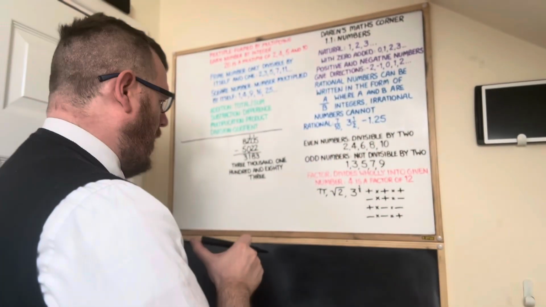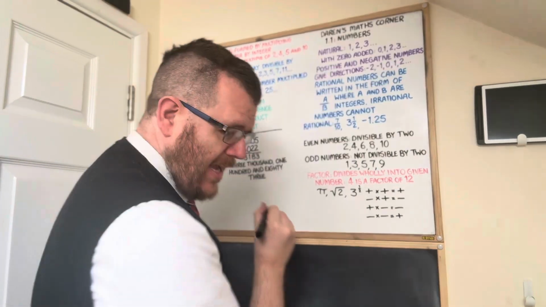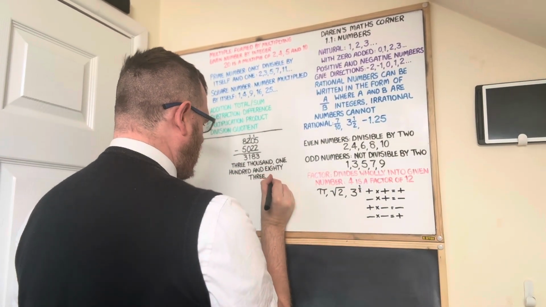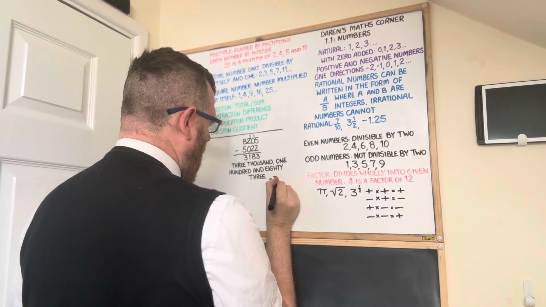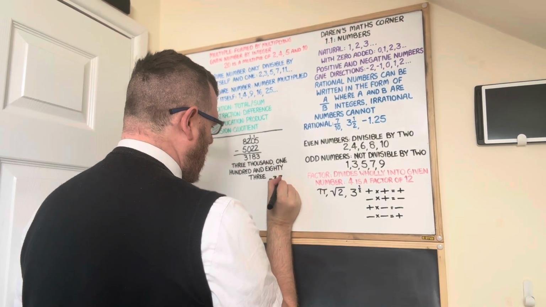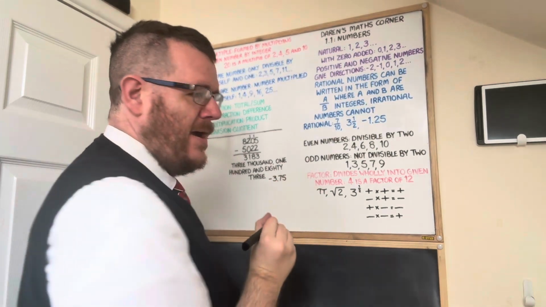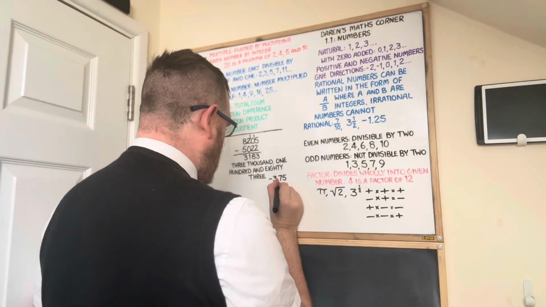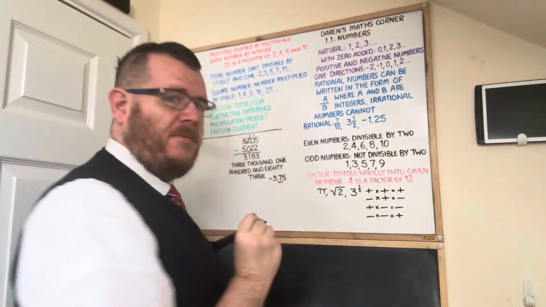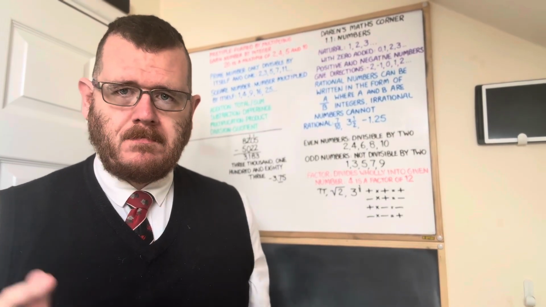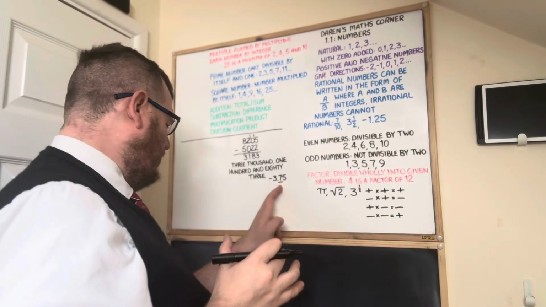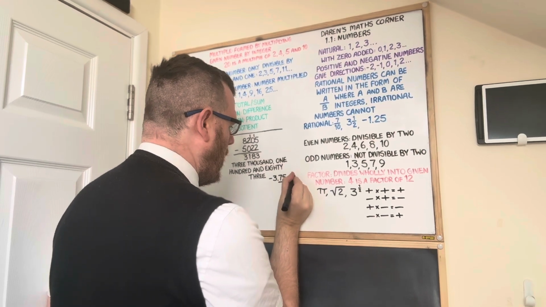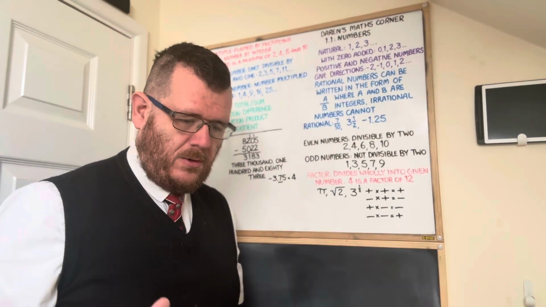So with that being said, we are looking at minus 3.75, remembering we are looking at the nearest integer. So we look at the first number in the decimal place, and that's more than 5, and therefore the answer would be 4.